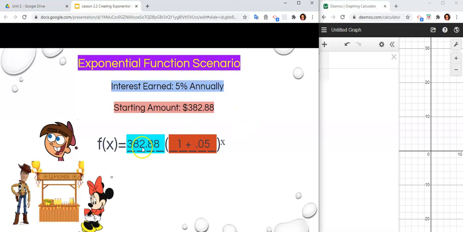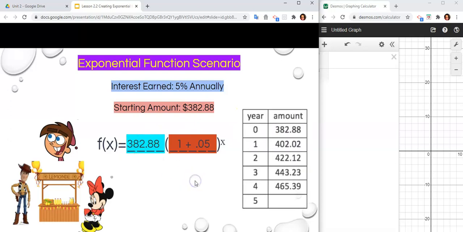And I have this much money in my account. All right, so now let's look at some numbers here. We're going to look at a table, and as you can see, Minnie, Woody, and Timmy Turner have been doing so good, and they were able to start out with some money. That's always a good thing.